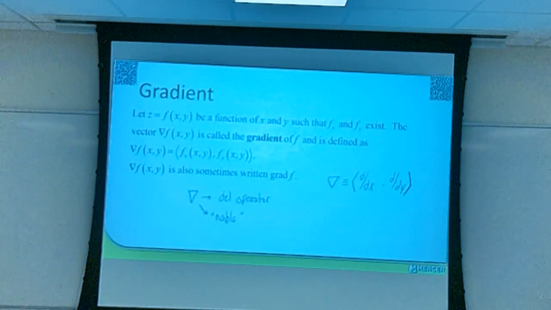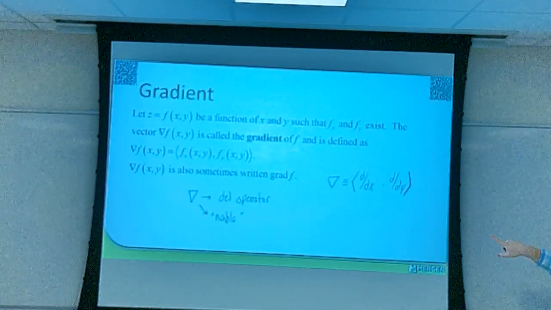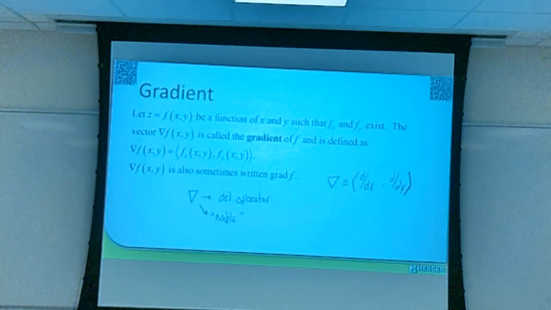And also, that wouldn't make sense. Nabla has to come out first because it's what's operating on f. But you can think of it as scalar multiplication. Nabla f, right? Just notice how it's defined: f sub x, comma f sub y. So it's kind of like that f gets distributed into the partials.